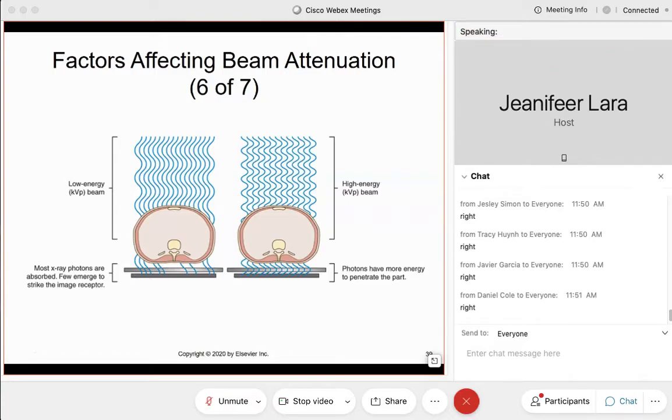So it's relatively accurate to say, the higher the energy, the more likely you're going to have transmission. The lower the energy, the fewer the X-rays will penetrate or transmit.